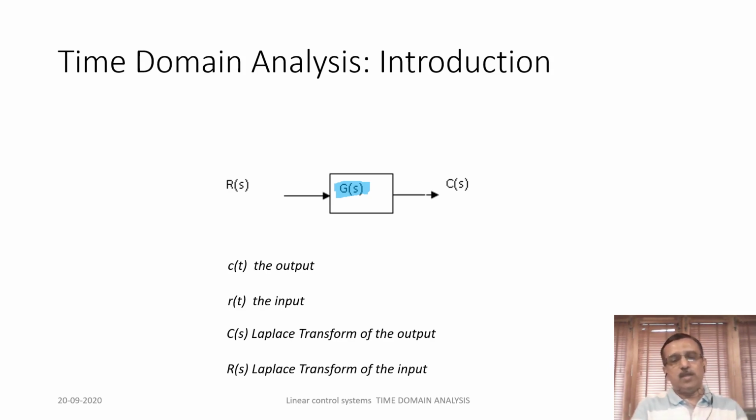If I know the input, can I find the output? That is what I am going to ask. I know the input. Can I find the output? And after finding the output, can I say something about the system?